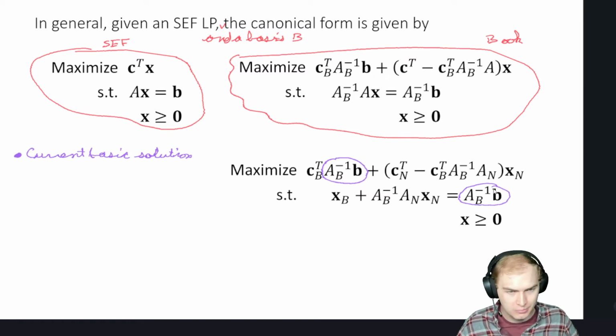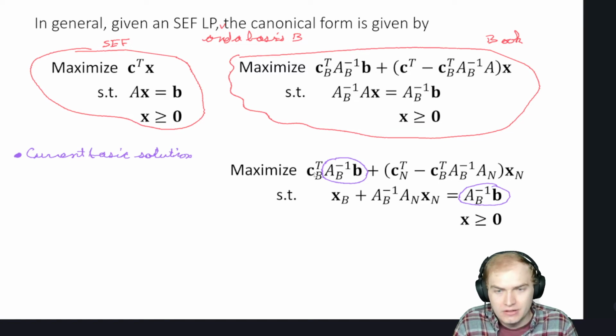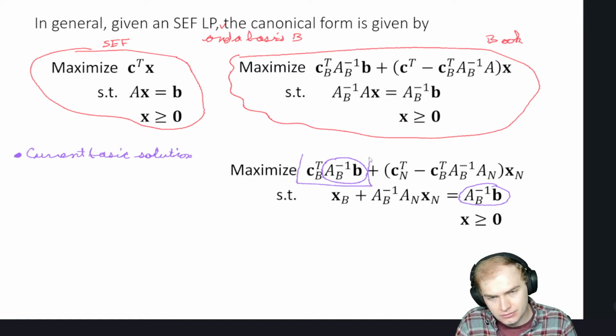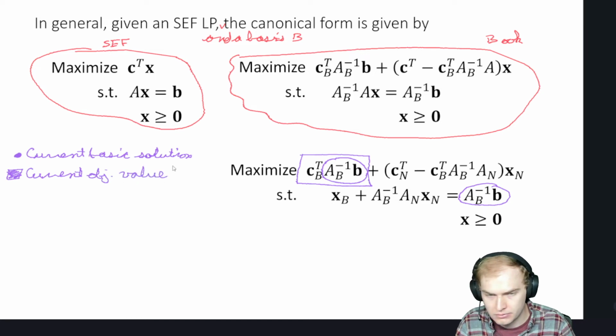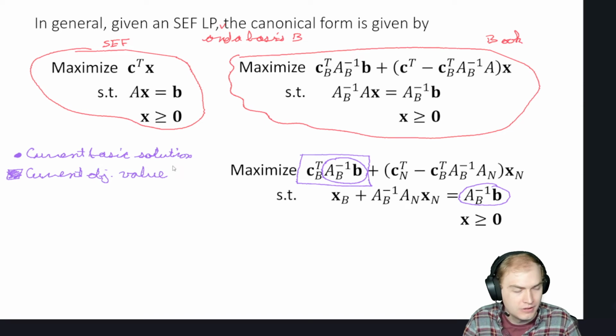And you'll remember when I pointed out that A inverse B times B was lined up with our basic solution that we had computed. So then, if we multiply that by C, which is our objective coefficient, that gives us our current objective value, which you'll remember we included in our new objective function.